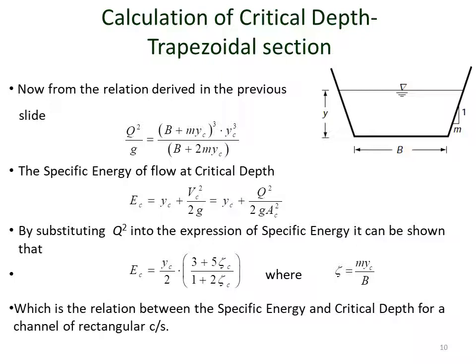And by substituting the value of Q square from the first expression into the second expression, we can write the third equation of the slide, which is given by capital EC is equal to YC by 2 into (3 plus 5 xi c) by (1 plus 2 xi c), where xi is equal to, of course, m into yc by capital B. So this is the expression of specific energy at critical depth for a channel of trapezoidal cross section.